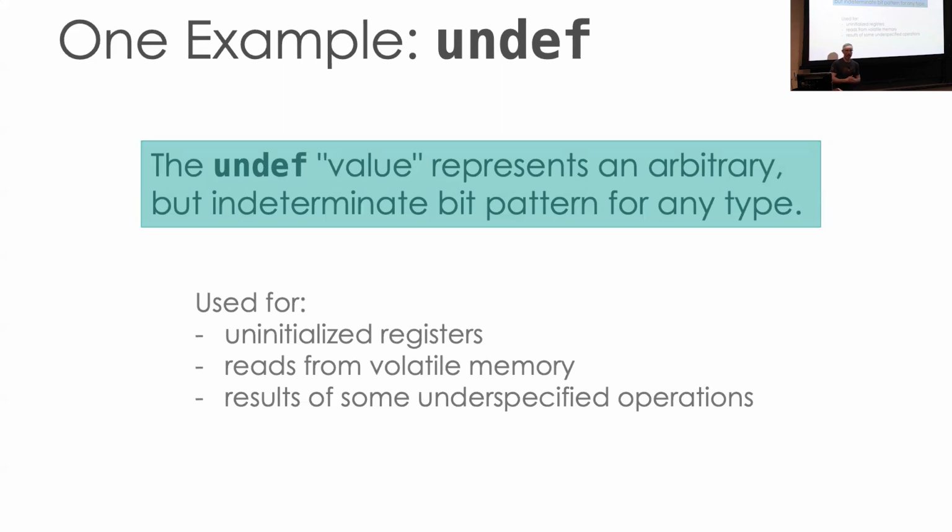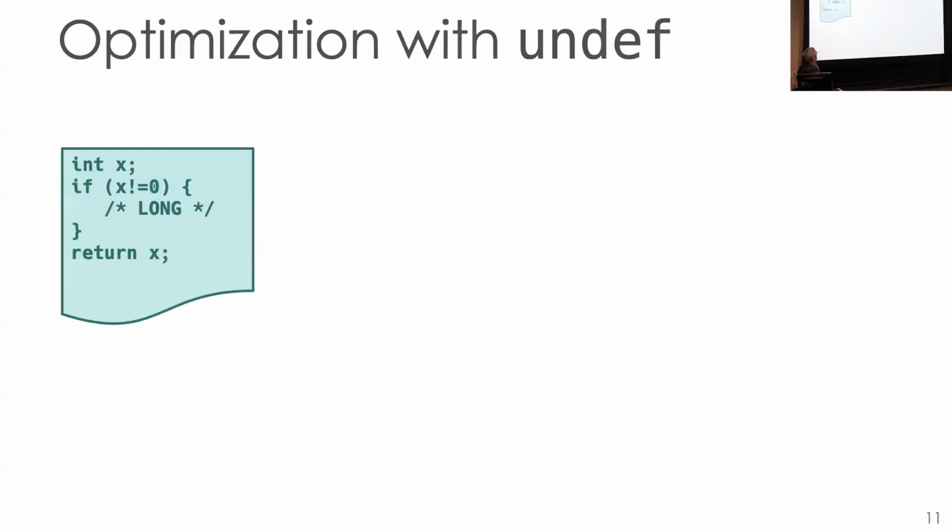One manifestation of that is this notion of undef. You can think of it as a value that represents a non-deterministic choice of bits for a particular bit size. And it's used for things like uninitialized registers or loads from volatile memory, that sort of thing.